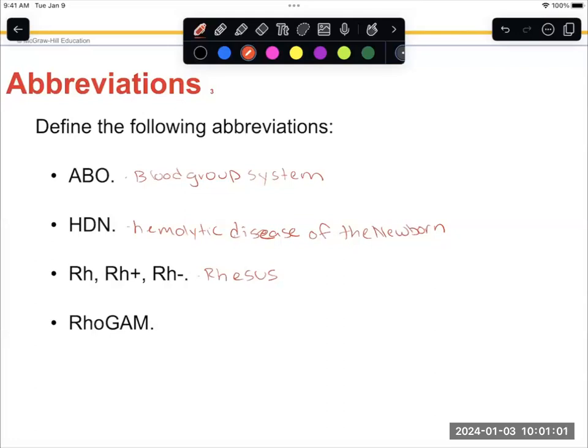And RhoGAM is that rhesus immune globulin.